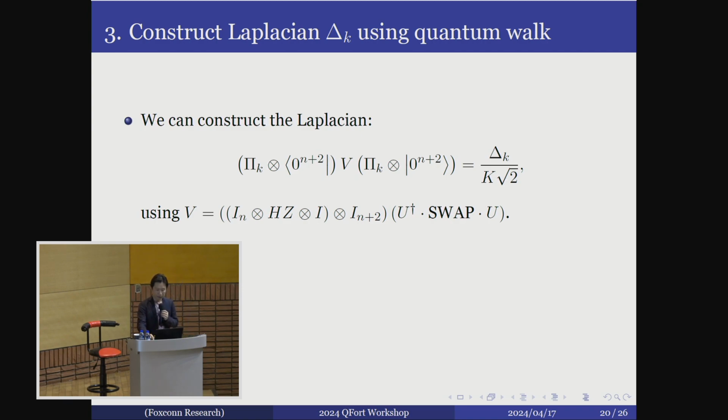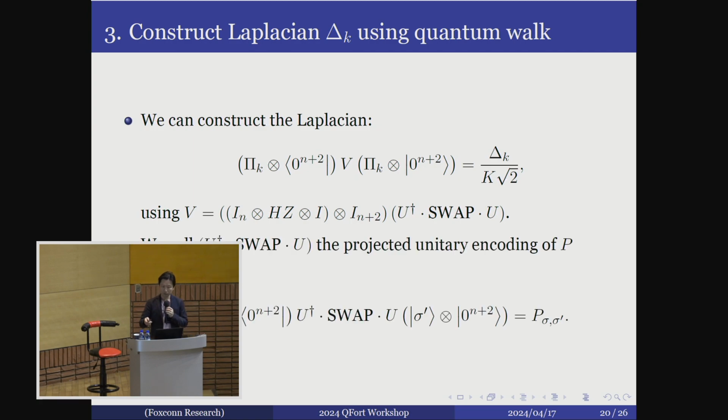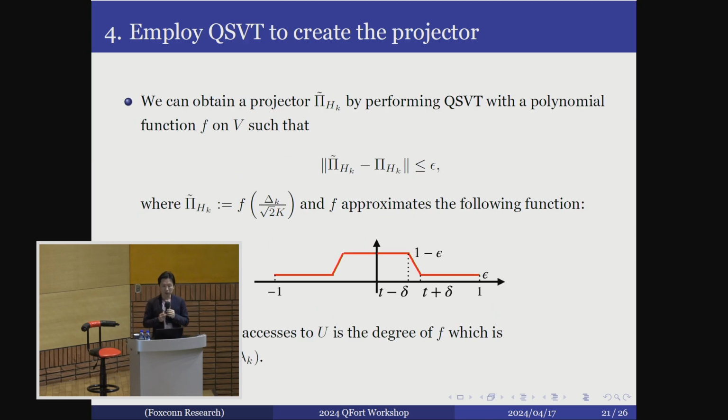Then this is again jargon in quantum algorithms: we call this U dagger swap U a projected unitary encoding of this transition matrix.